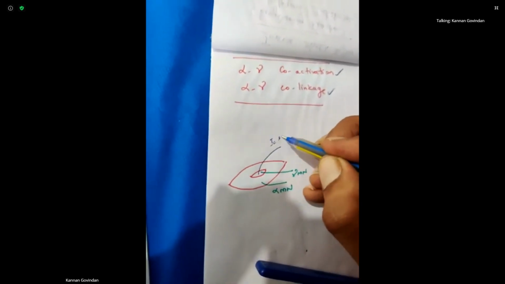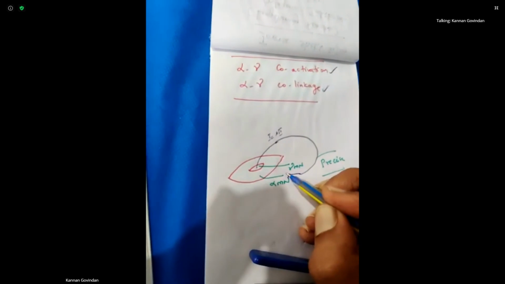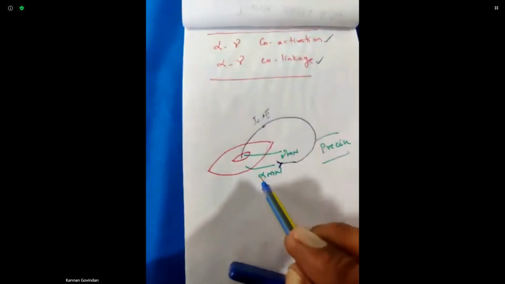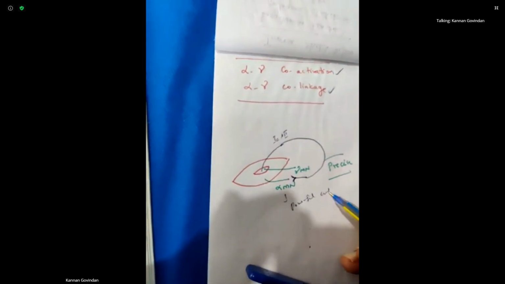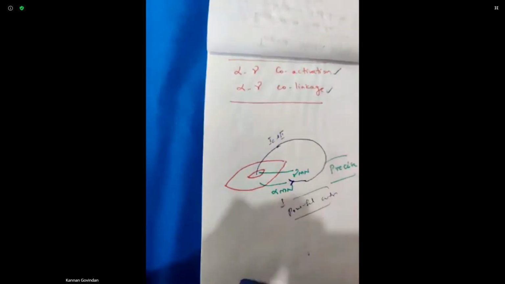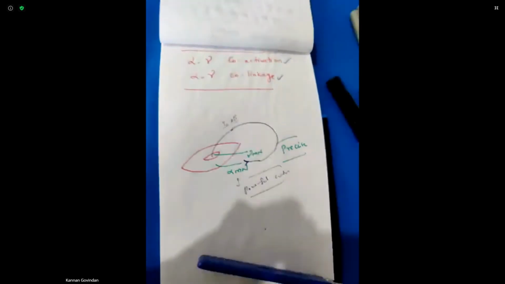This activates 1A and type 2 fibers, which will again activate the alpha motor neuron. So the extrafusal fibers go for more powerful, precise contraction. This capacity is called alpha gamma co-linkage or alpha gamma co-activation.